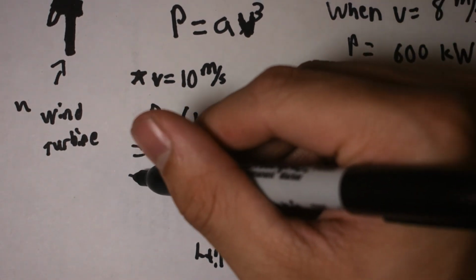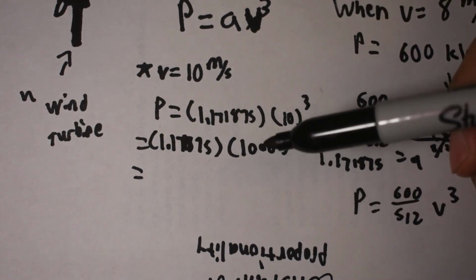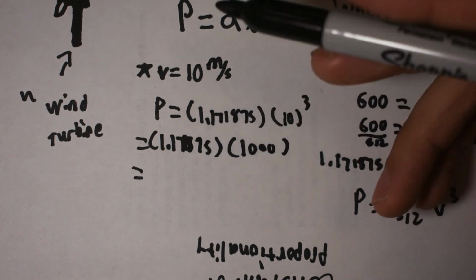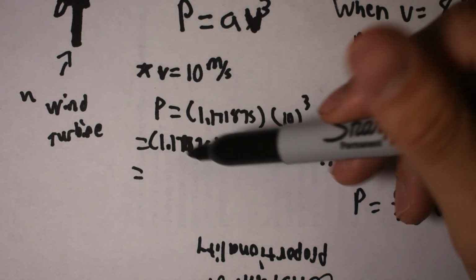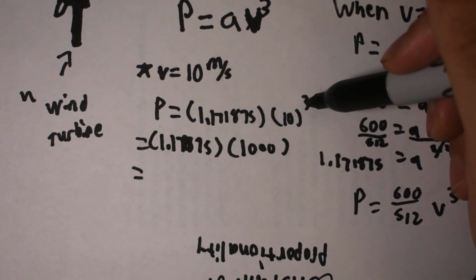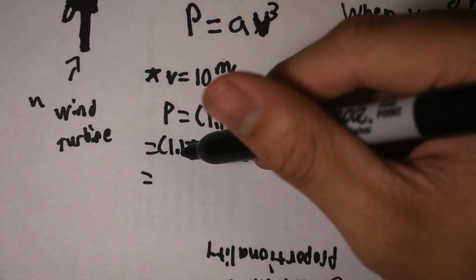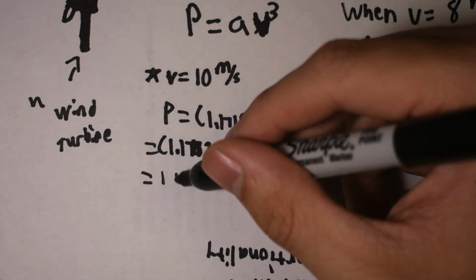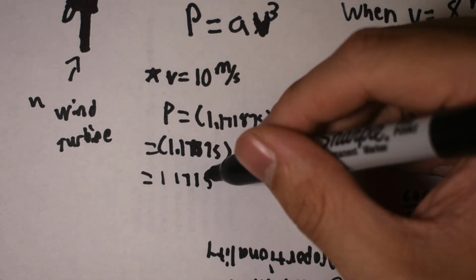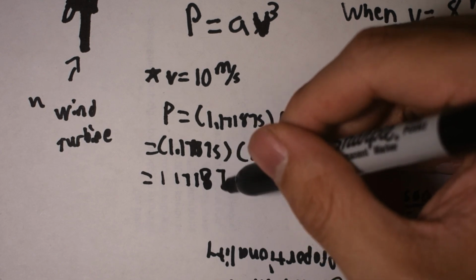And another quick little trick, if you're multiplying a decimal by something like 10 to the power 3, you just got to move the decimal to the right by the number of the positive exponent. So 1, 2, 3. We'll have 1.171875.